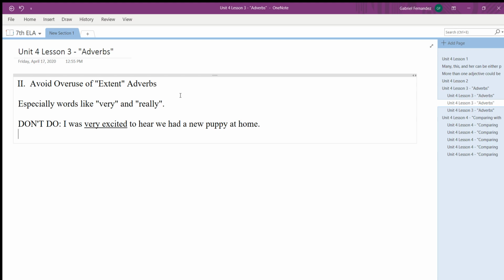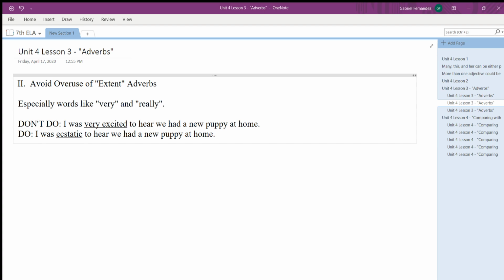So instead of doing, I was very excited to hear we had a new puppy at home, do something like, I was ecstatic to hear we had a new puppy at home. Because in high school, words like very and really are often disliked and frowned upon because they're thought to weaken your writing.